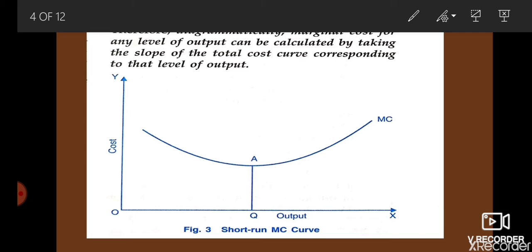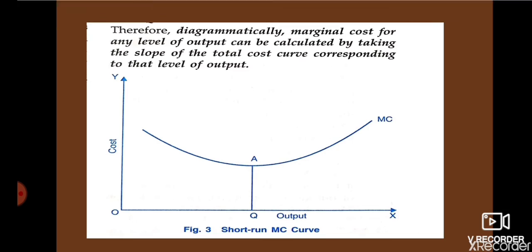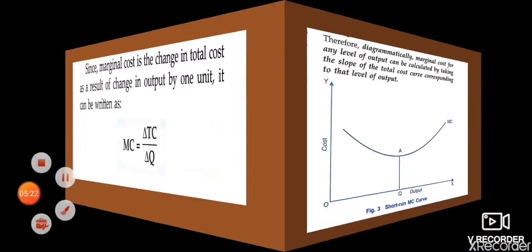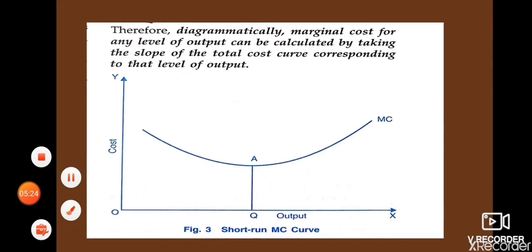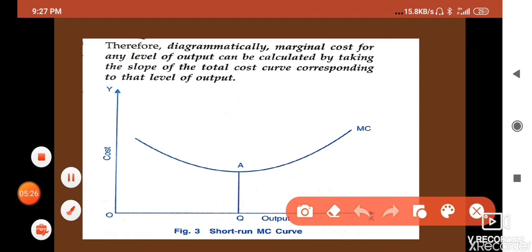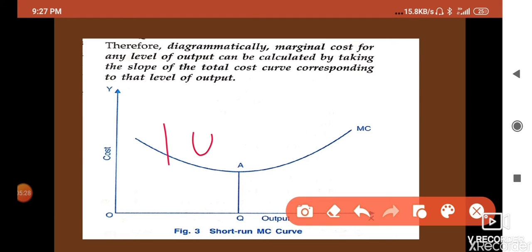The addition in the total cost for an additional unit of output would be the same as the addition to the total variable cost. So MC is derived from TVC. Suppose we have a total cost of 10 and an additional unit is added.